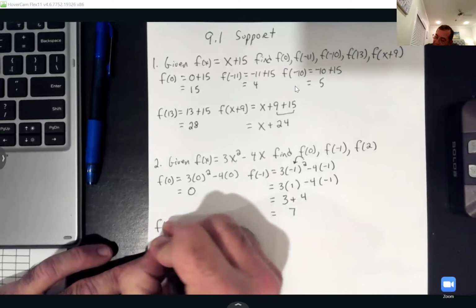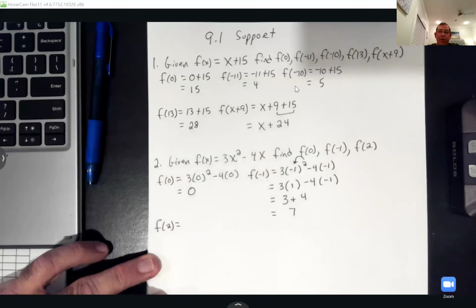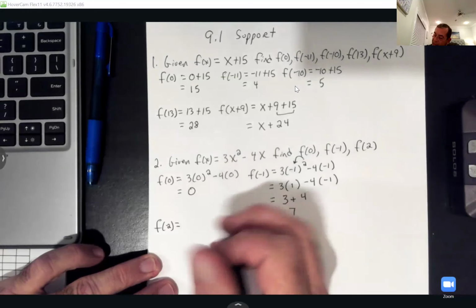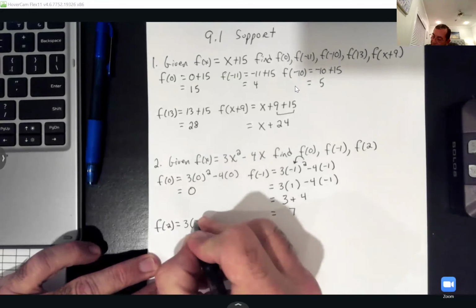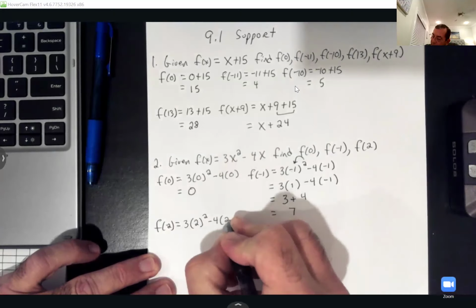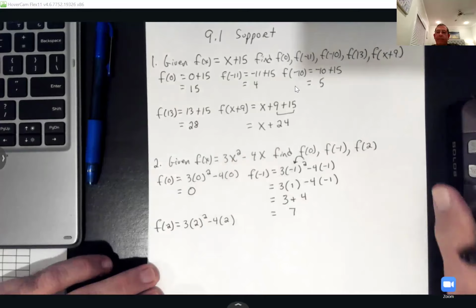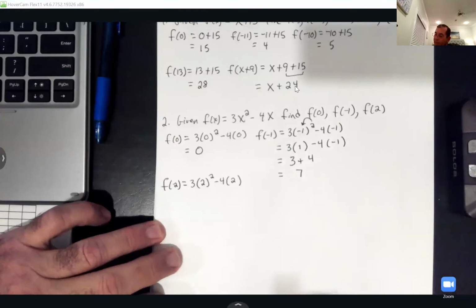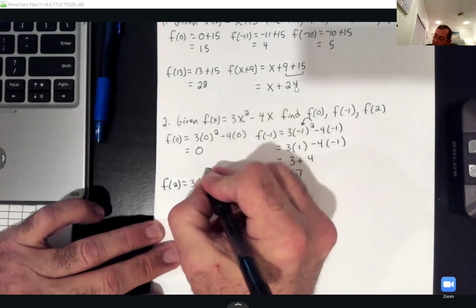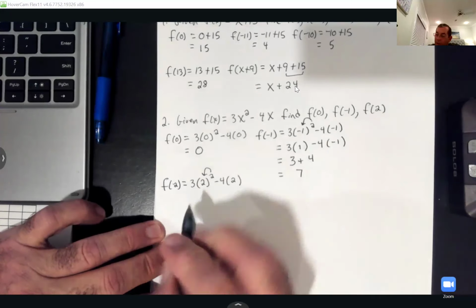All right, y'all. F of 2. So I'll put a 2 in for each x. I got 3 times 2 squared minus 4 times 2. Now, same thing as this one, order of operations. So the first step is squaring that 2.